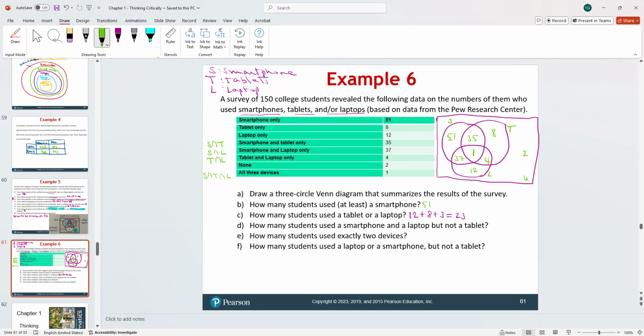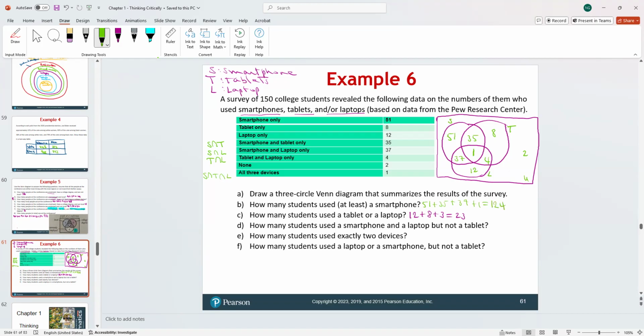At least a smartphone would be everything inside of that circle. We said 51 plus 35 plus 37 plus 1. That makes it, now I can use my calculator for it. That's 124. So apologize for my mistake.